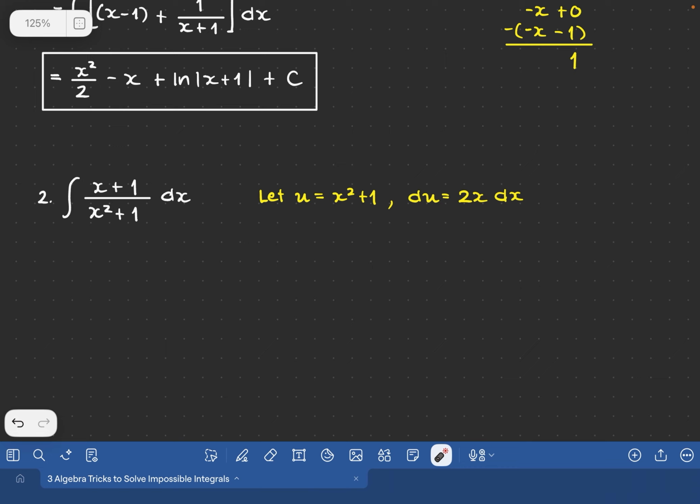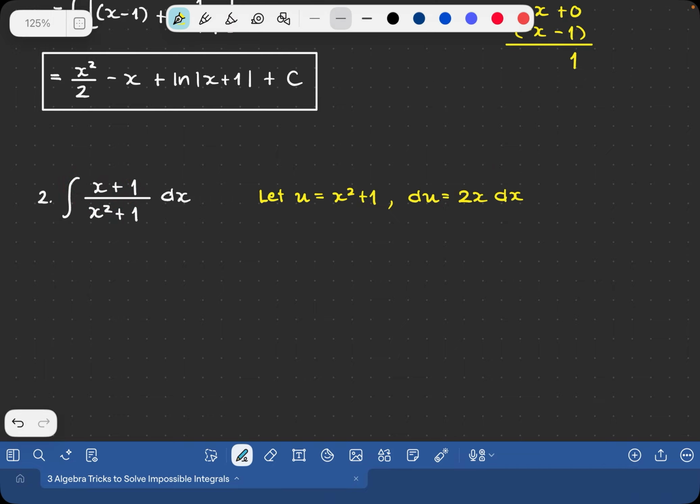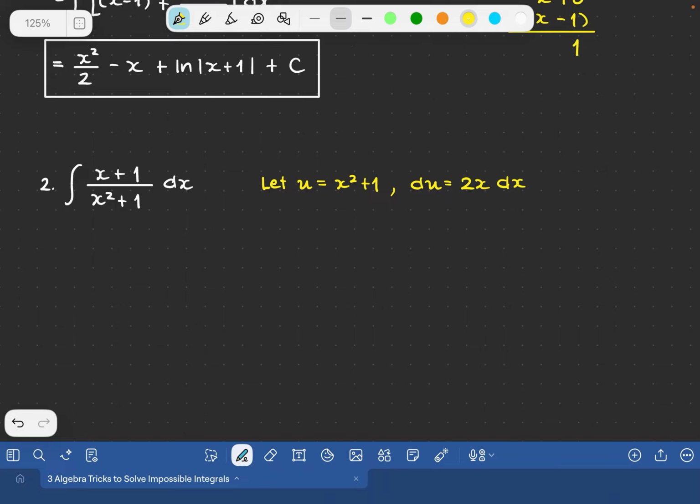The problem here is that our du, hopefully it becomes the numerator. But in our case, we have the numerator to be x plus 1 and this one to be 2x dx, or maybe we can adjust it to become x dx. So it seems that this won't work, but a trick here is to split this antiderivative, or this integral.